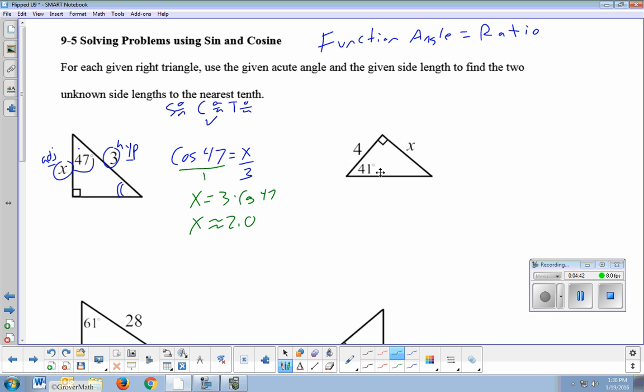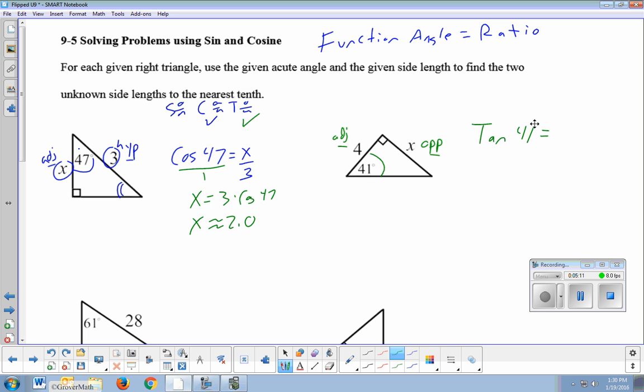How about this? Let's find this one over here. So we've got 41 degrees. From that angle's perspective, x is opposite. The 4 is adjacent to it. The hypotenuse we don't have. So I'm working with an opposite x and an adjacent number. That must be the opposite over adjacent tangent function. So it's tangent 41. It's not just tangent equals, it's tangent 41 equals. It's always function, angle.